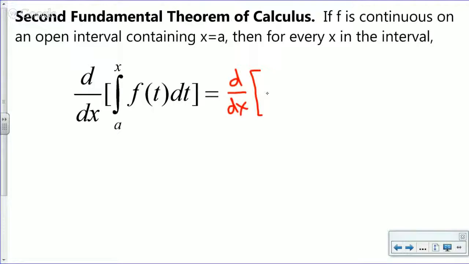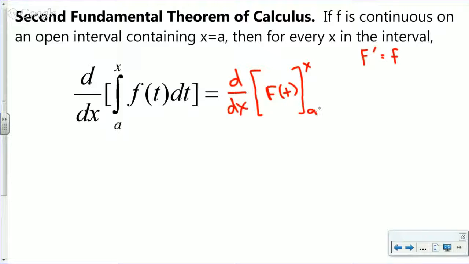Well, what's the first thing we need to do when we find a definite integral? We typically find an antiderivative, right? I'll call it capital F of t. And then we want to evaluate that at x and a. So I'll make a note here. Capital F prime is equal to little f.